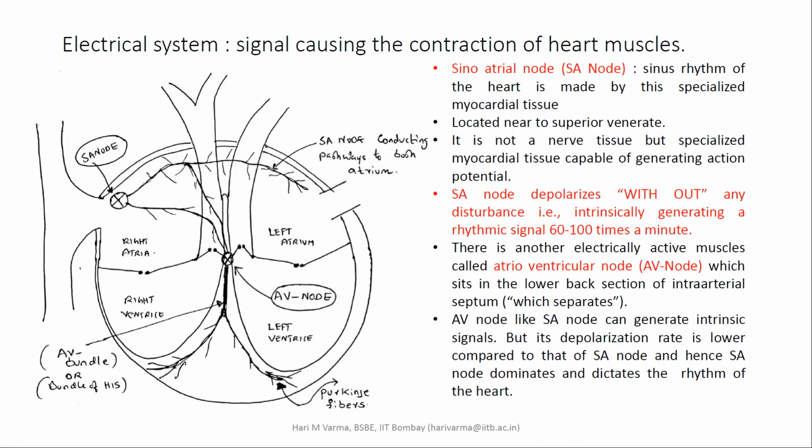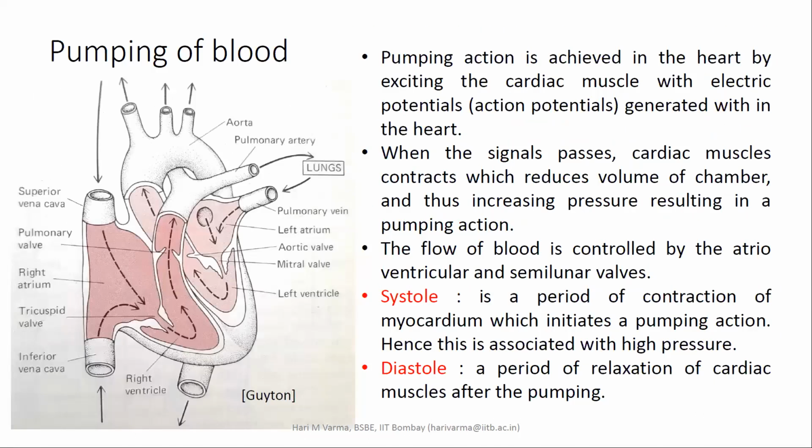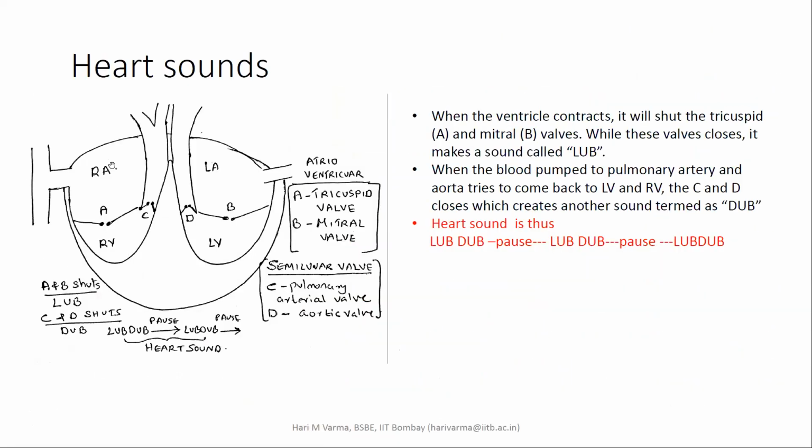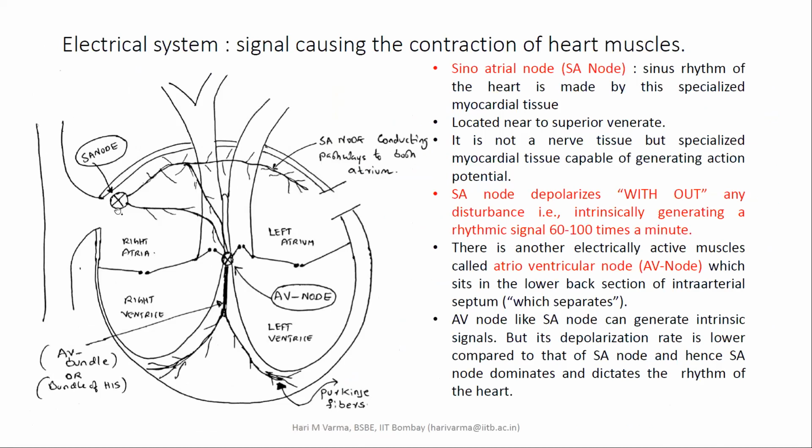If you look at this particular figure, as in the first figure, there is a small plug here, which I call the SA node, or sinoatrial node. This is a region very near to the superior vena cava inside the heart muscles. It's a special region in the heart muscle. The sinoatrial node has the ability to generate certain electrical signals on its own.